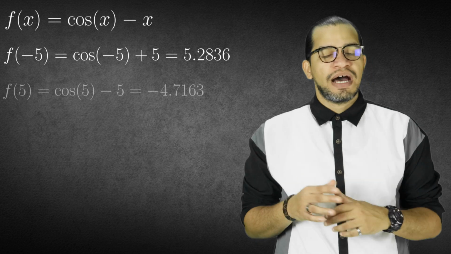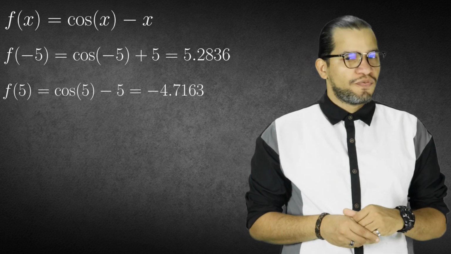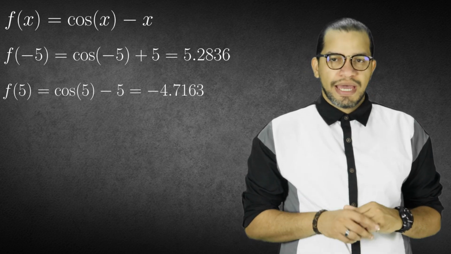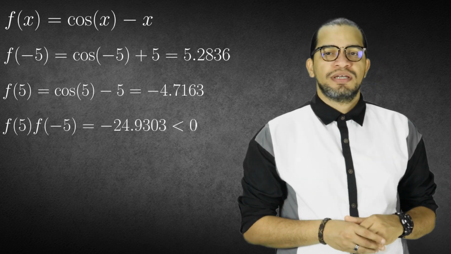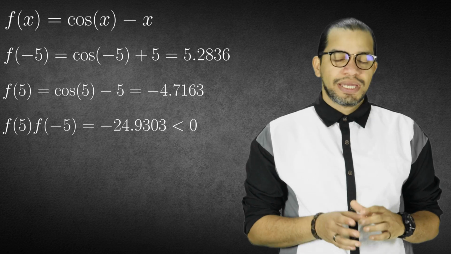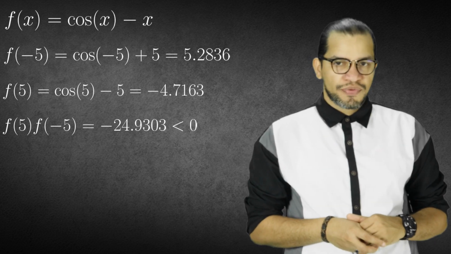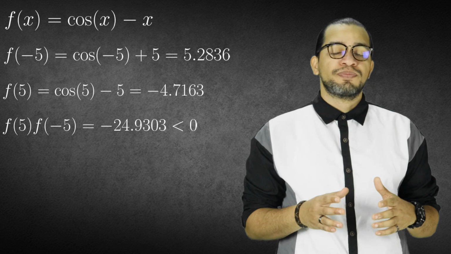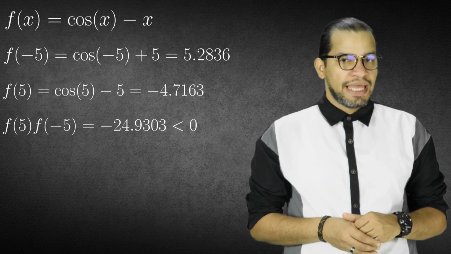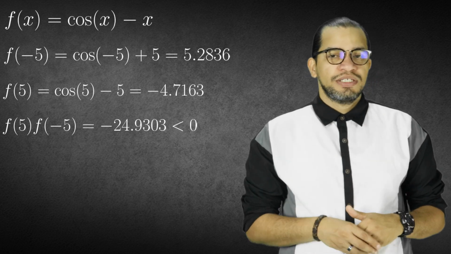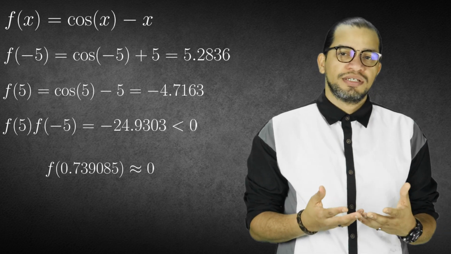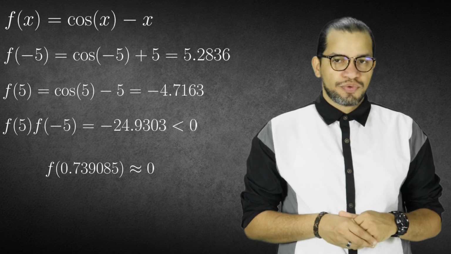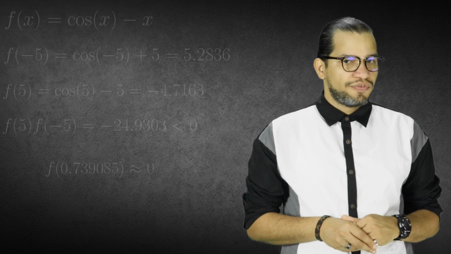And f(5) is approximately -4.71. As f(-5) times f(5) is less than 0, we can use the intermediate value theorem for assuring that there must be a value c in the interval (-5, 5) such that f(c) is equal to 0. Thus, c represents a root of the function f(x).